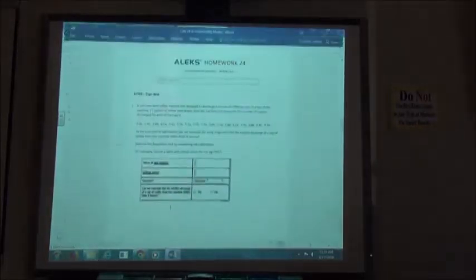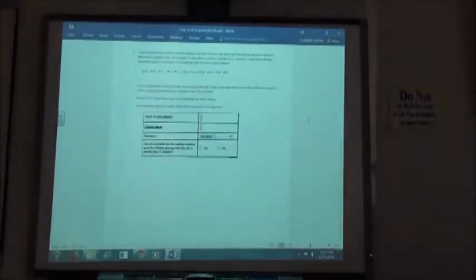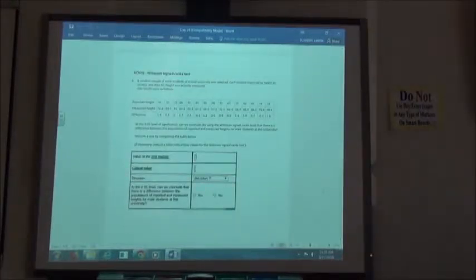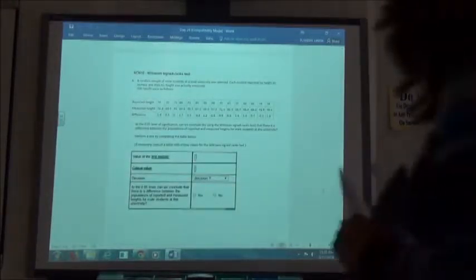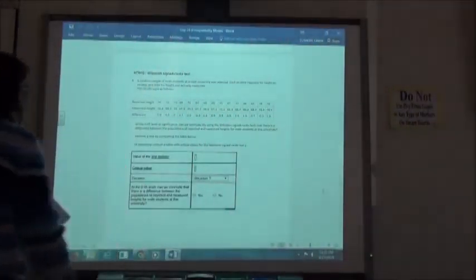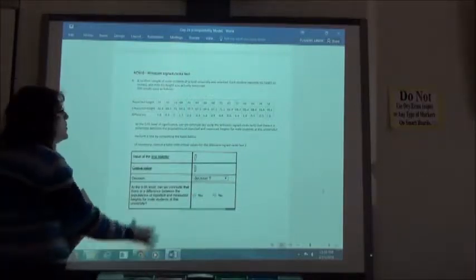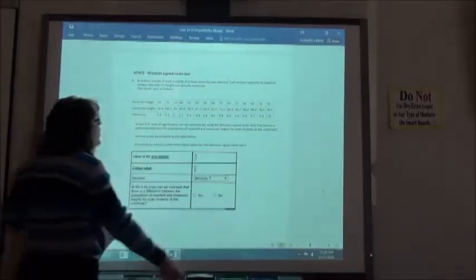So, day 24, if I go back to problem number 4 where I left off, it says, a random sample of male students at a local university was selected. Each student reported his height in inches, and his height was actually measured. The results were in the table below, so this is very similar to what the previous one looked like.